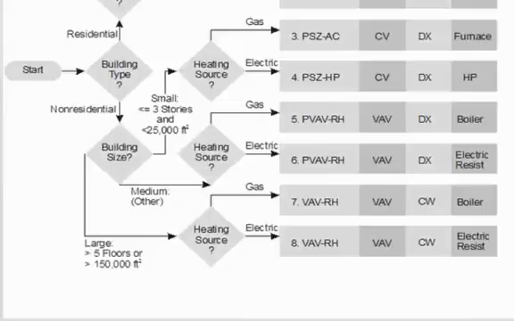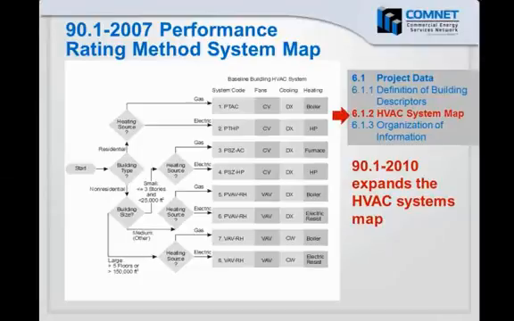And a medium building is one that's neither small nor large by these definitions. You then ask, what's the heating source? Is it gas or electric? And then this maps you to one of the HVAC systems. As we go through the HVAC portions of the COMNET manual, and we define the baseline buildings, there will be many references back to this figure.